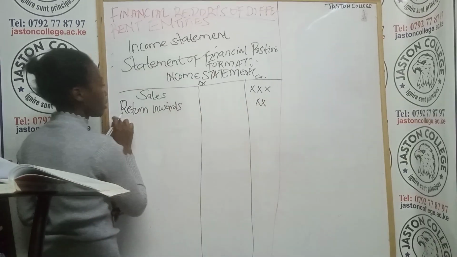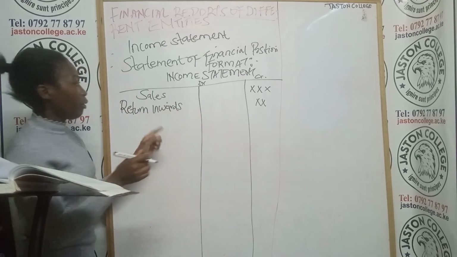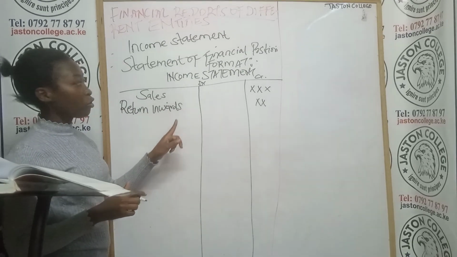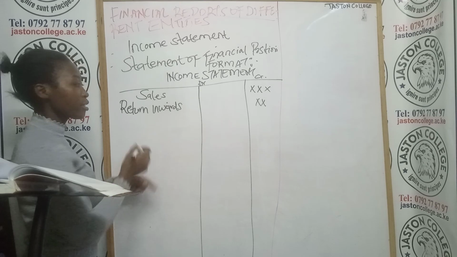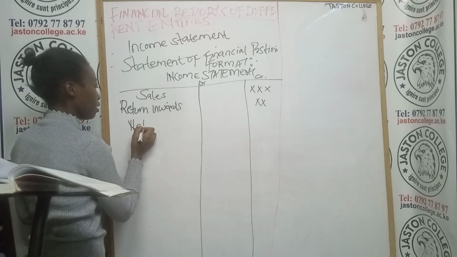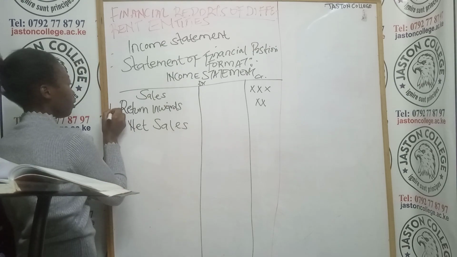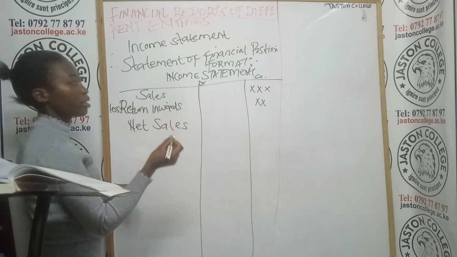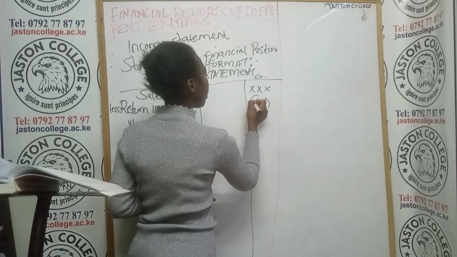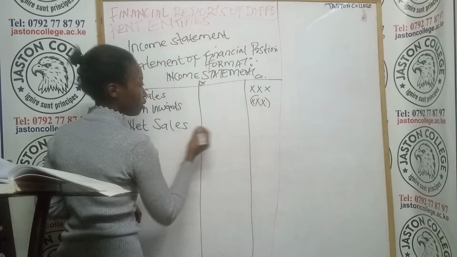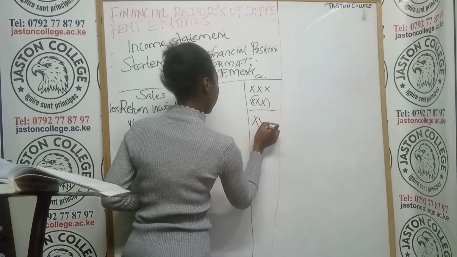So we are going to less our returns inwards from the sales to get our net sales. As an accountant, when you less, we put it in brackets. So we get our net sales.